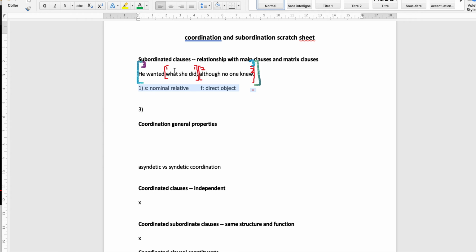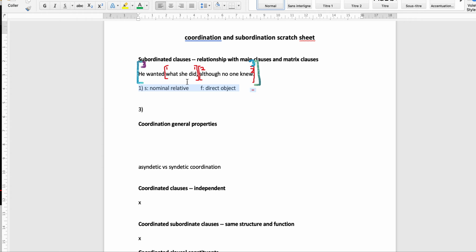Okay, so we've seen that 1 is our nominal relative clause, and it is the direct object of this sentence. So here we have the whole sentence, number 3, and we've said that it contains 2 things. 1 is inside of it, and 2 is inside of it.